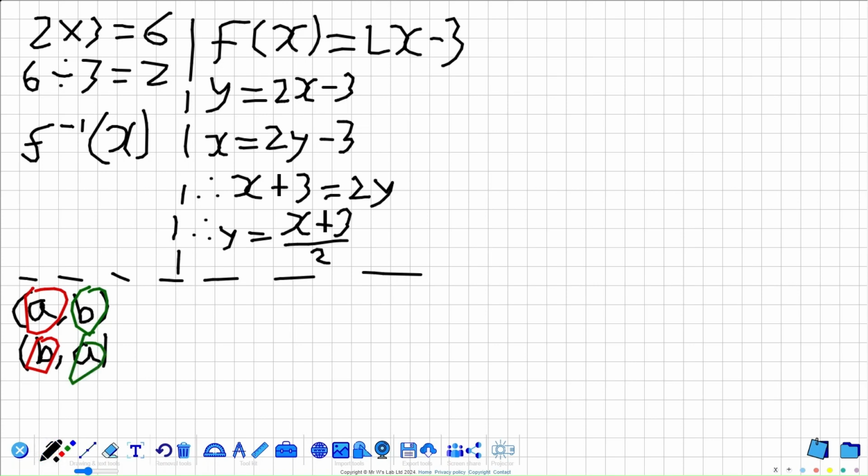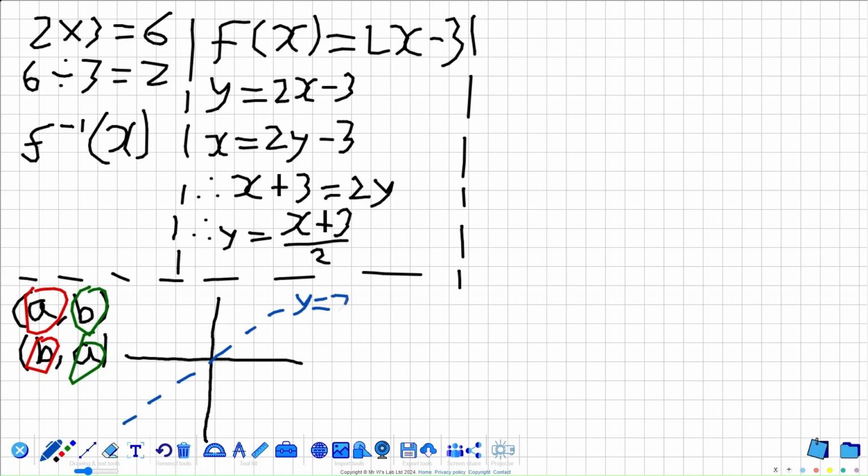So let's have a look at this on a plane. I have a simple graph here, and I'm going to create a line along here, which is the y equals x line.